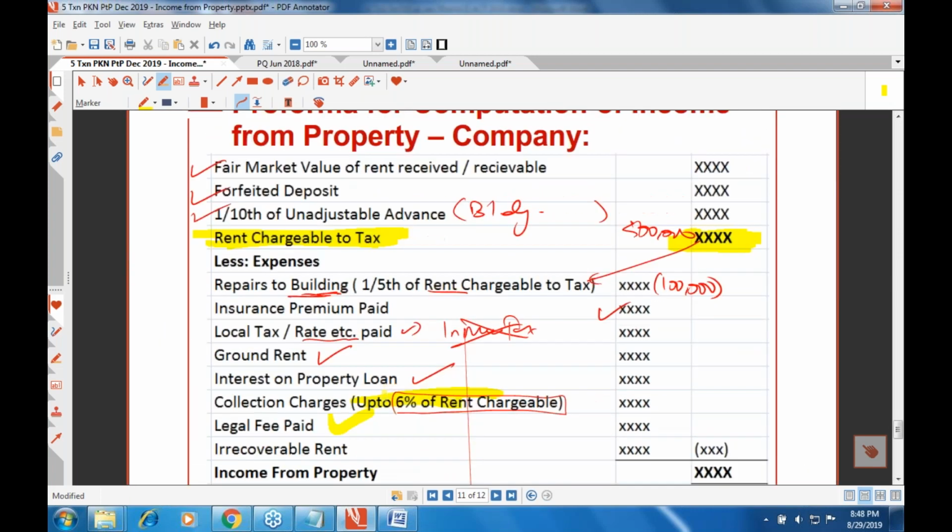Okay, so that marks the conclusion of the concept income from property.